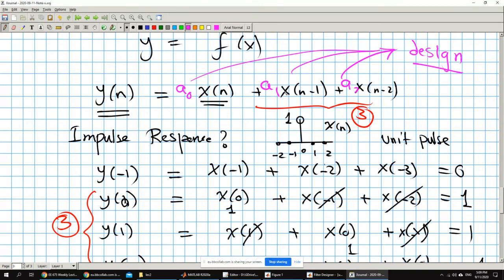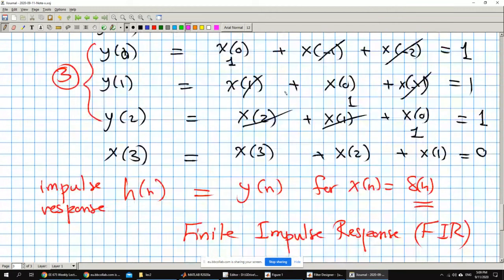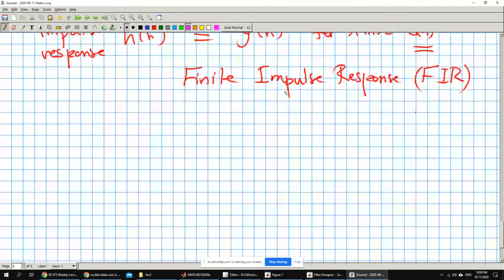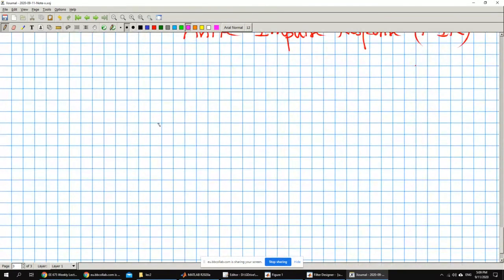Okay, the reason why we have the transient that we just saw is because, imagine how you're computing that. Whenever you compute the output, y of n, the output is computed as y of n equal to x of n convolved with h of n.